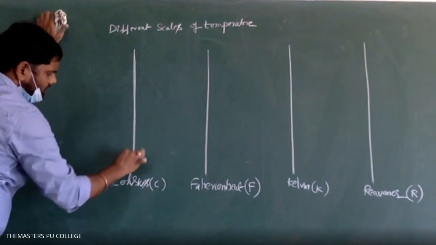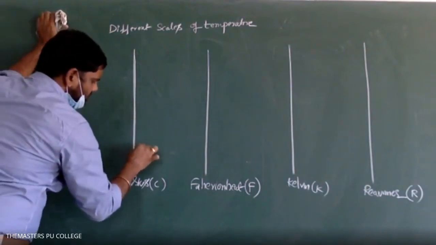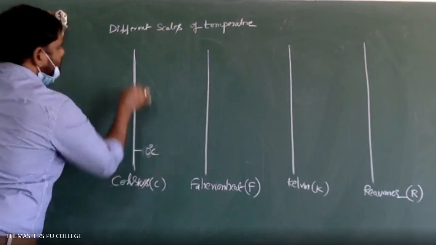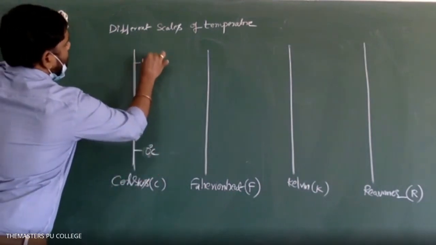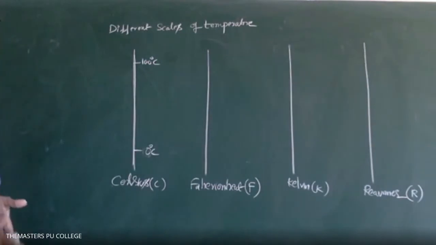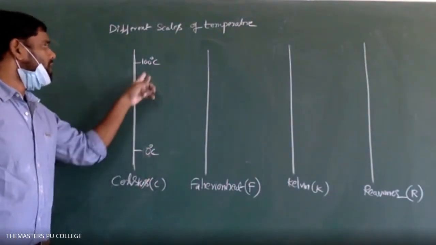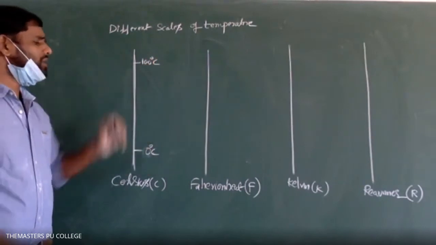On the Celsius scale, LFP is nothing but 0 degrees centigrade, and UFP is nothing but 100 degrees centigrade. On the Celsius scale, the ice will start melting at 0 degrees centigrade and water will start boiling at 100 degrees centigrade.